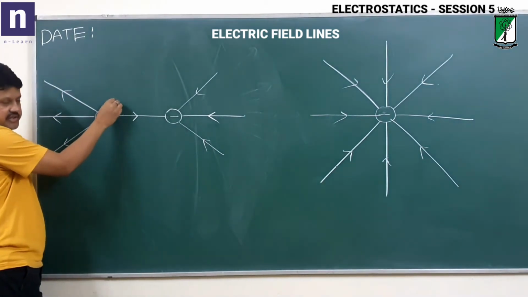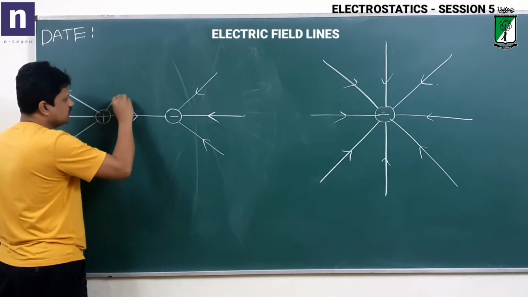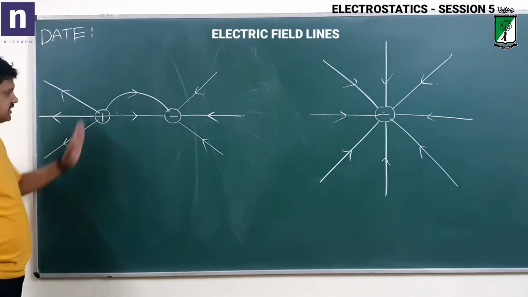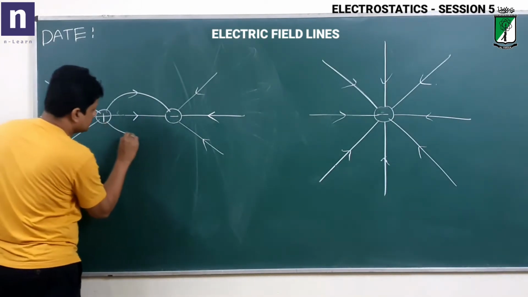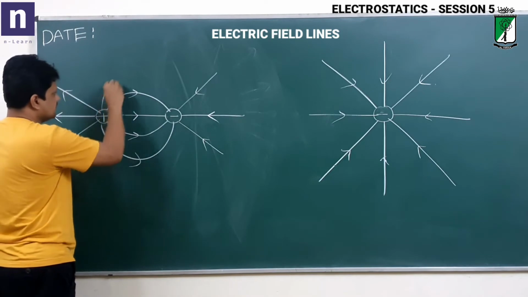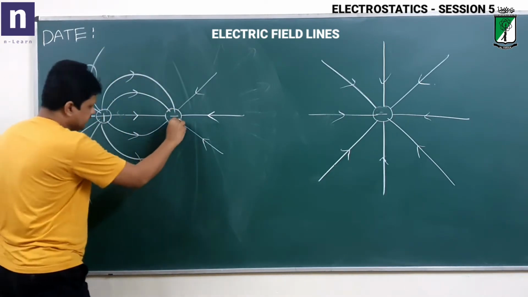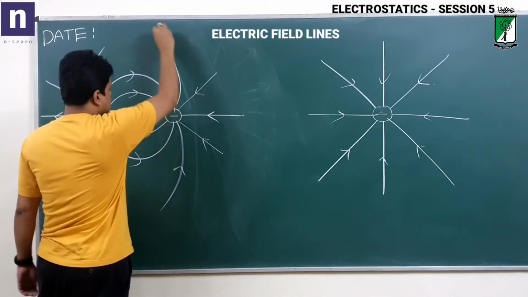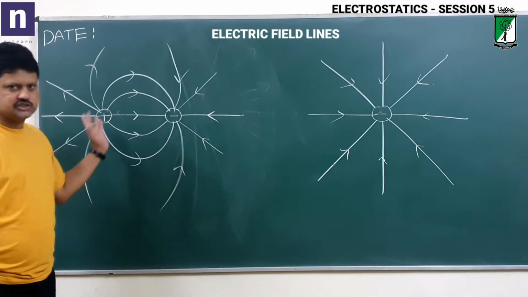It is repelled by positive but attracted by negative. So you will find that it is repelled from positive and moves towards negative. Here also same. The test charge is repelled by positive but attracted by negative. So this is the field pattern due to a combination of a positive and a negative charge.